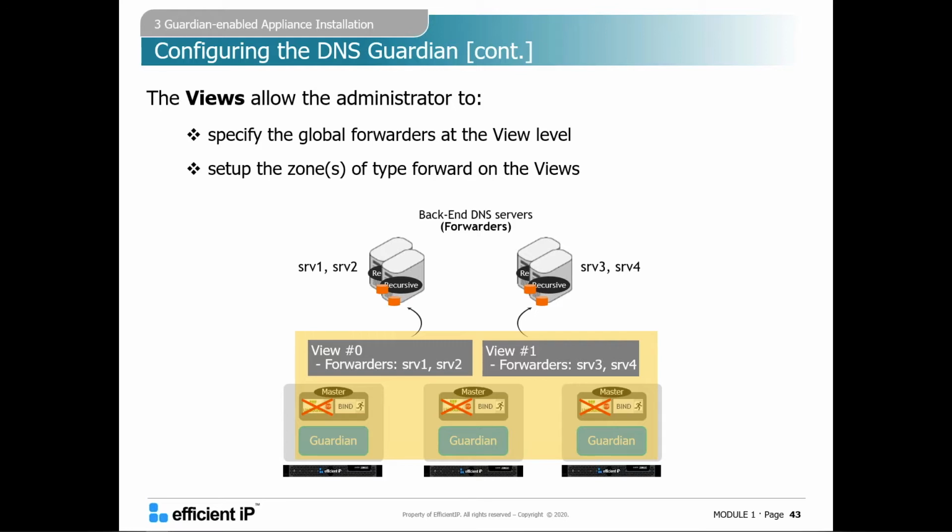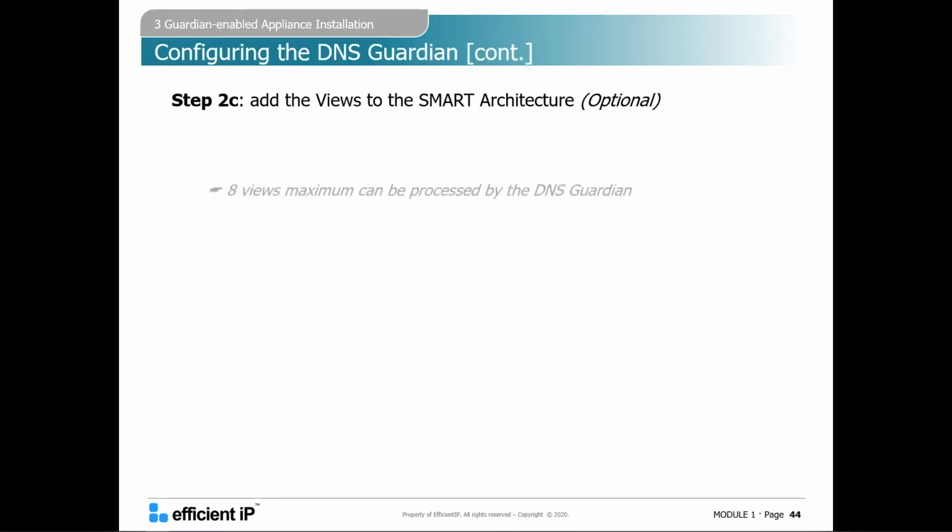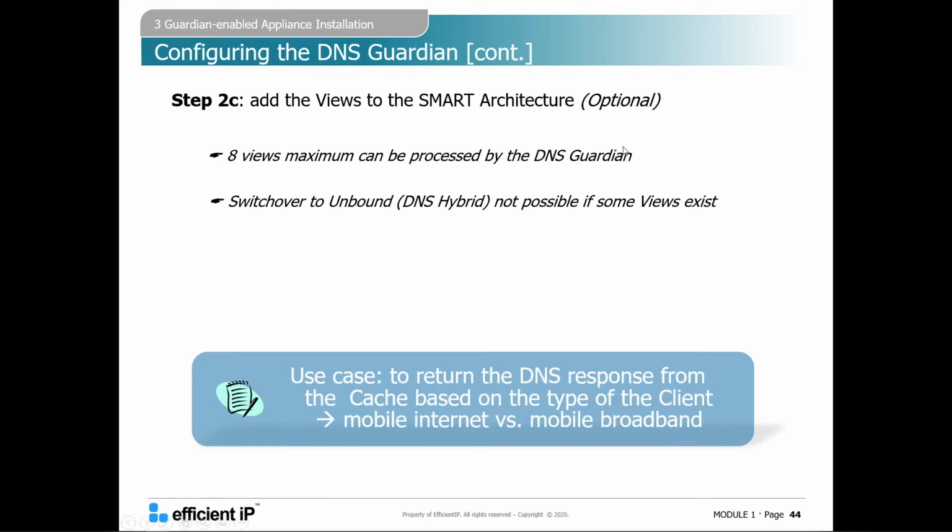Right? So you need to be careful when you deploy Guardian on an environment that has more than 8 views. Okay, yeah. So 8 views is the maximum that can be processed by DNS Guardian.